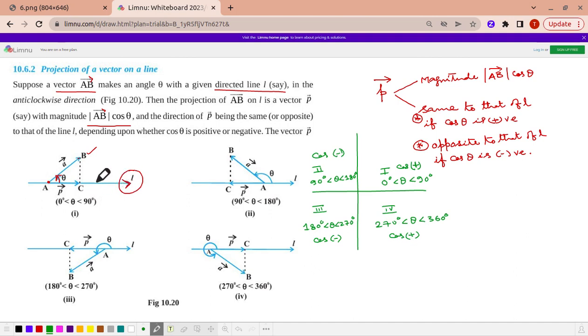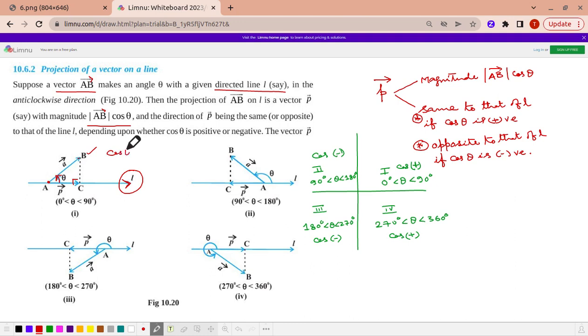So what we see, dear students, is that when theta is between 0 and 90 degree, geometrically it looks like this: this is the vector AB and this is theta, so we get AB cos theta. If you look into the right angle triangle ACB, where this angle is 90 degree, then cos theta is equal to P by A, correct?